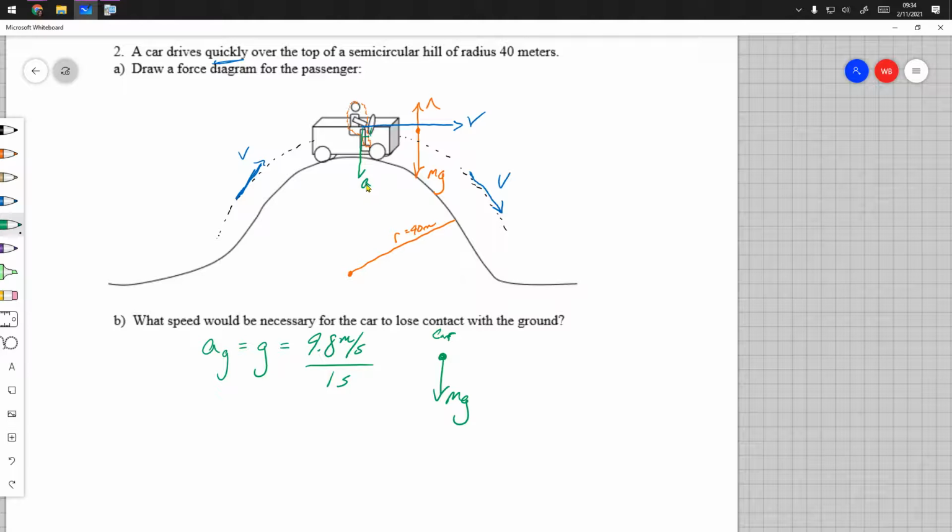That means that for the car to lose contact with the ground, the acceleration, and maybe we add in the centripetal acceleration to make this car go around there in the first place, if that was equal to what gravity naturally produces, if those were equal to one another, then I would have the full force of gravity causing this thing to change its direction there, and now it actually wouldn't be pressed into the ground anymore.